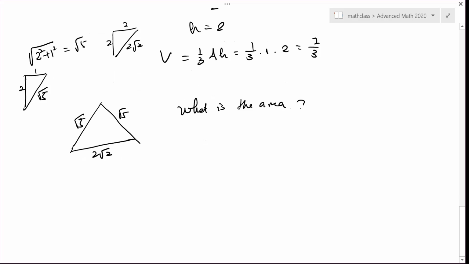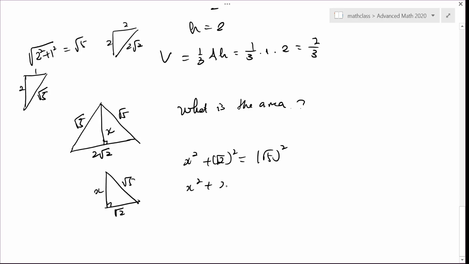There are a couple of ways to solve this. The best way is to find this one. Let's call it h, its height. This is an isosceles triangle, right? So first of all, you write a triangle here, square root of 5, square root of 2, and this is x. So x squared plus square root of 2 squared equals square root of 5 squared.